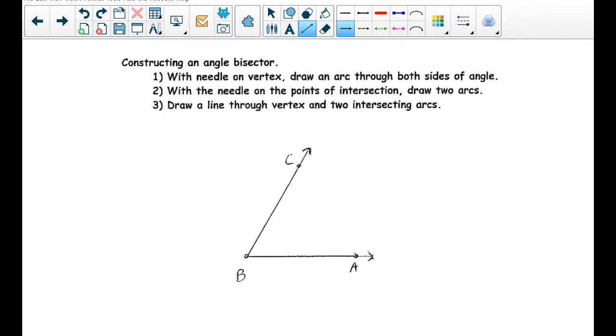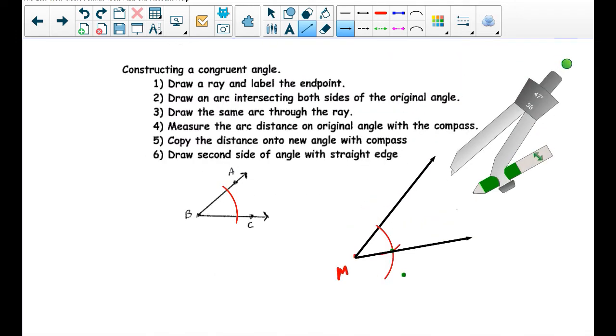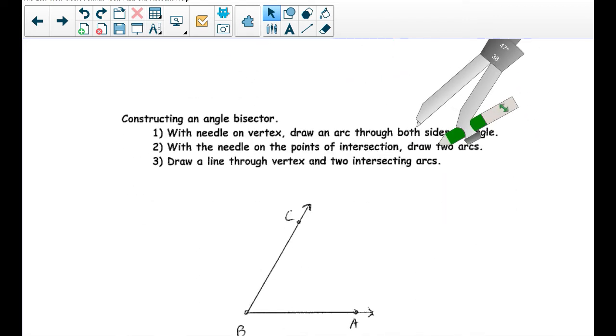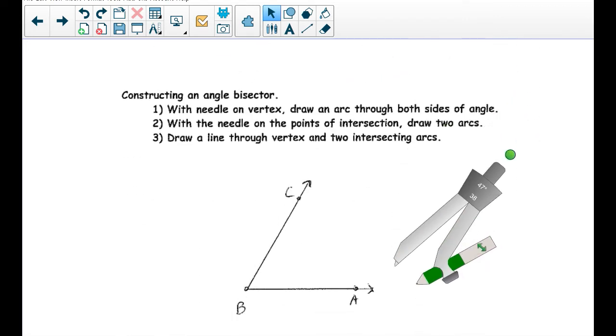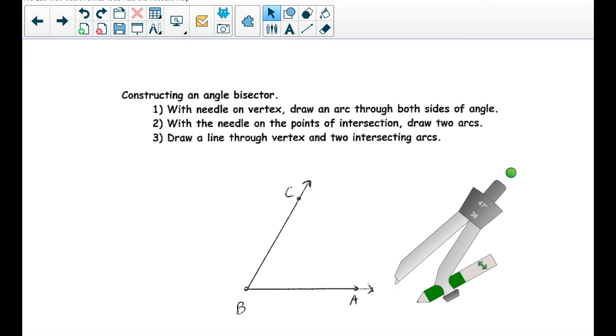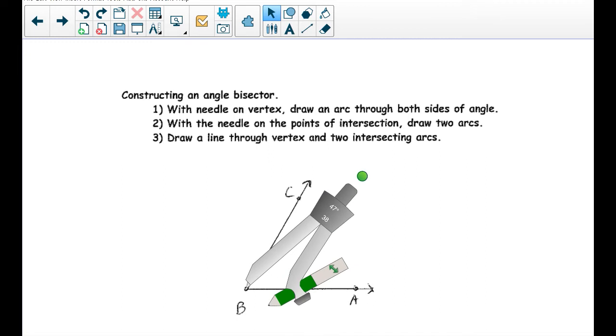All right, angle bisector. So cutting this angle in half. Grab my compass here. So angle bisector starts out kind of the same way. I'm going to take my compass and put it on the vertex.